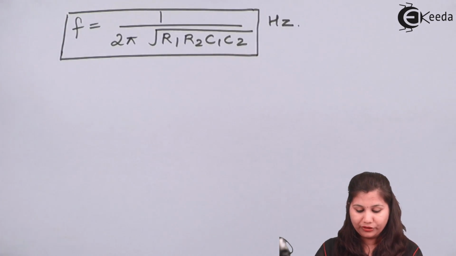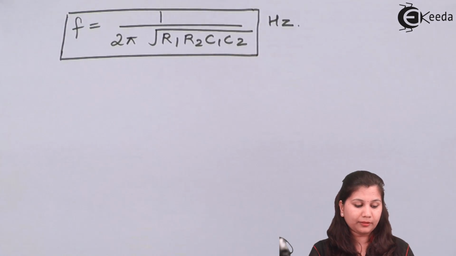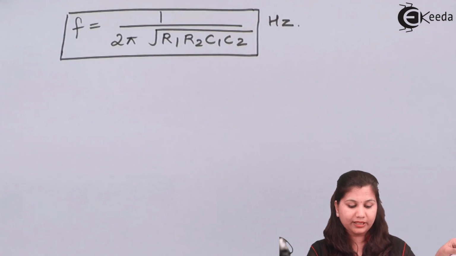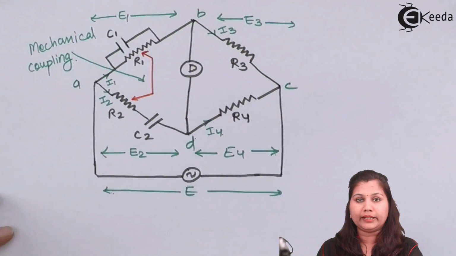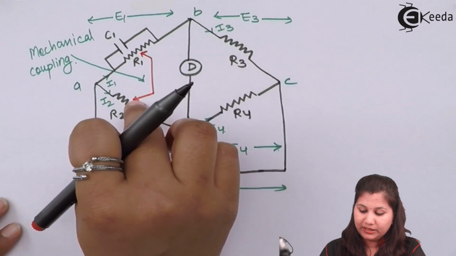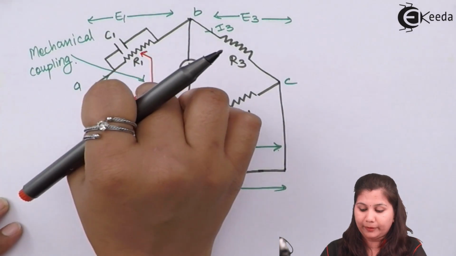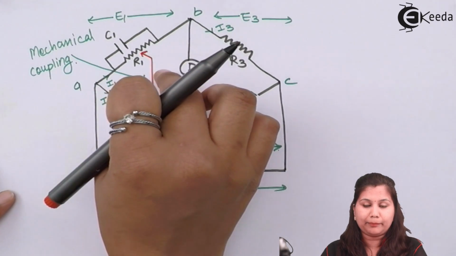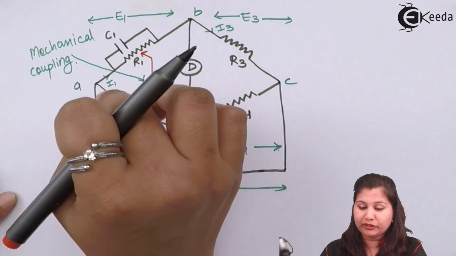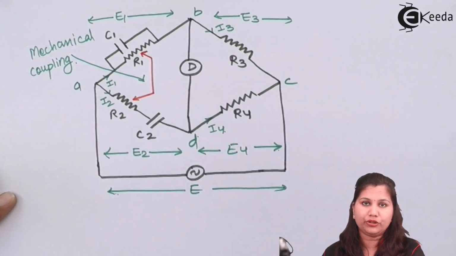Now in most Wien's bridges there is a mechanical coupling, as I have said. In the circuit diagram we have seen that R1 and R2 have a mechanical coupling between them. So through this mechanical coupling we can make the values of R1 and R2 equal to each other.